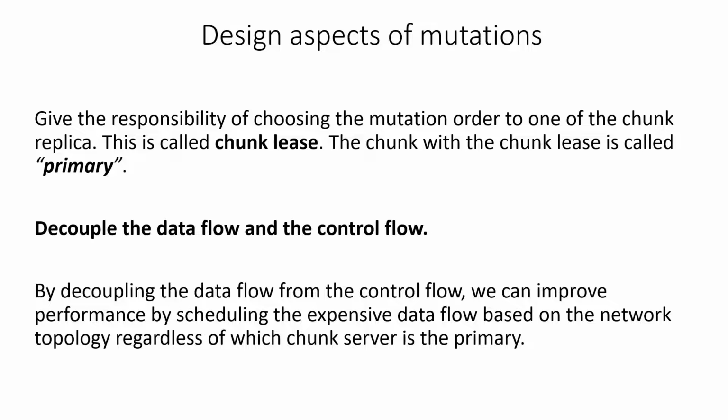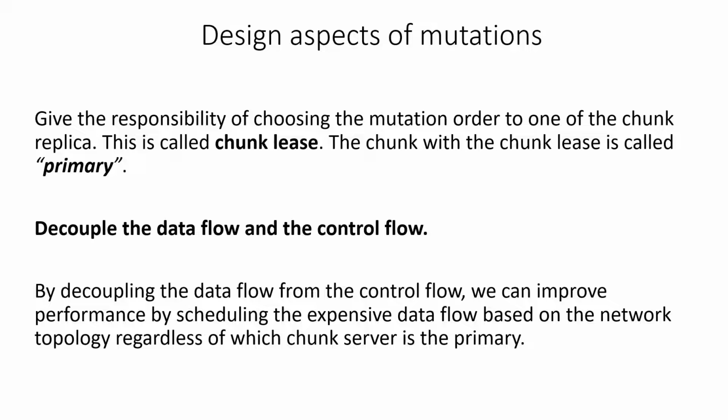So in order to solve this, the authors have used something called a chunk lease. A chunk lease is nothing but designating a particular chunk as primary and letting it decide in what order the mutations have to be done. So the master contacts a particular chunk replica and designates it as primary.